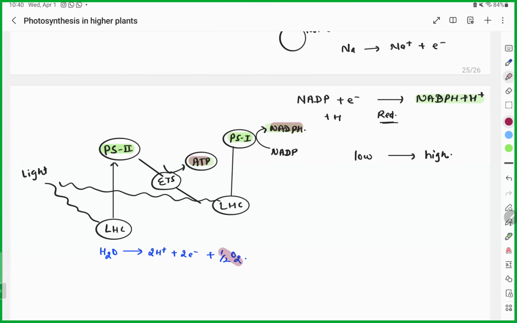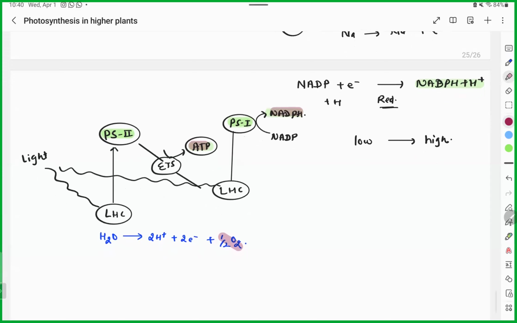Then, okay. So water splitting is associated with PS2. Okay, water splitting is associated with PS2. Very, very popular for me.